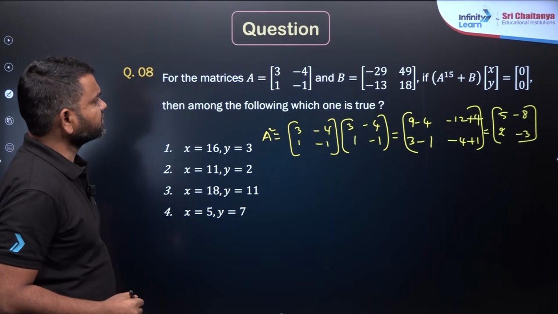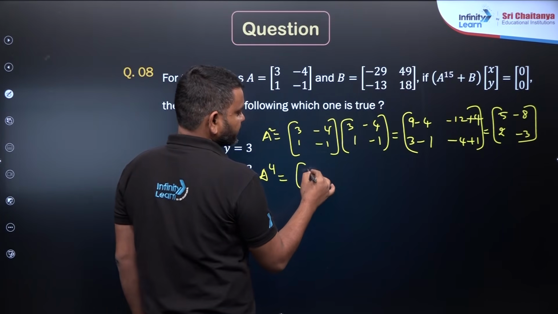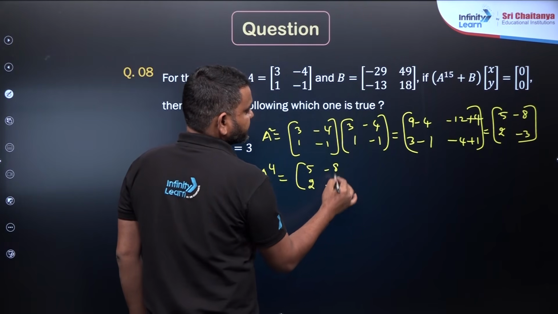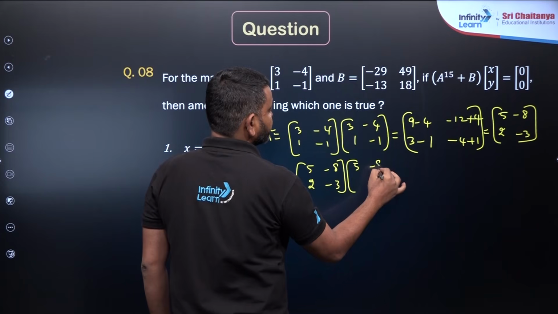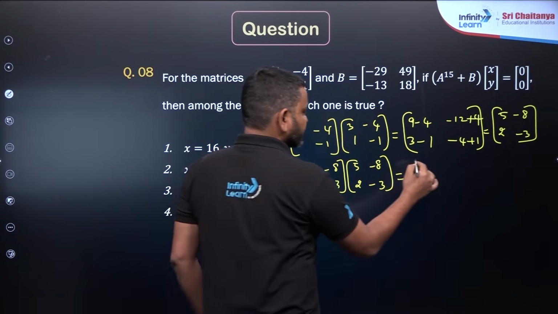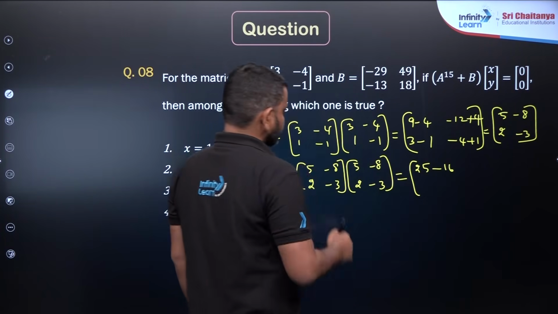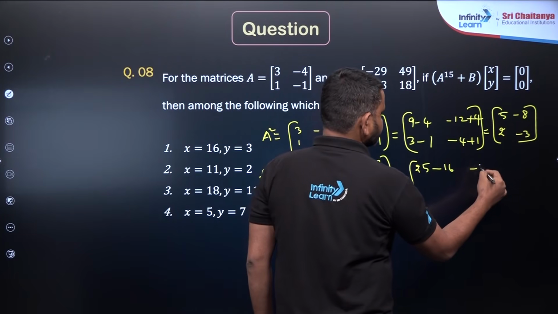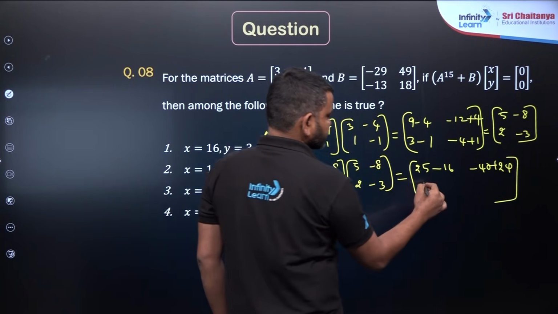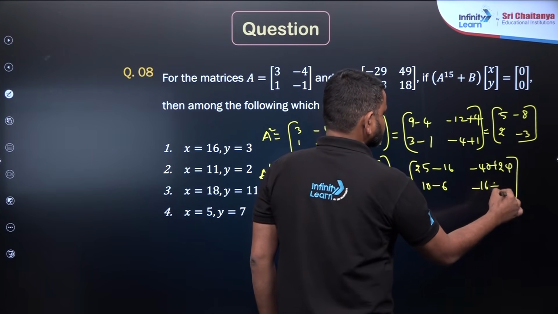So if you observe here, one more if we do, we will get the idea. A power 4 I am doing here, 5 minus 8 and 2 minus 3 and 5 minus 8 and 2 minus 3. So if I am doing this one here, this is 25 minus 16 and here this is minus 40 plus 24 and then it is 10 minus 6 and this is minus 16 plus 9.